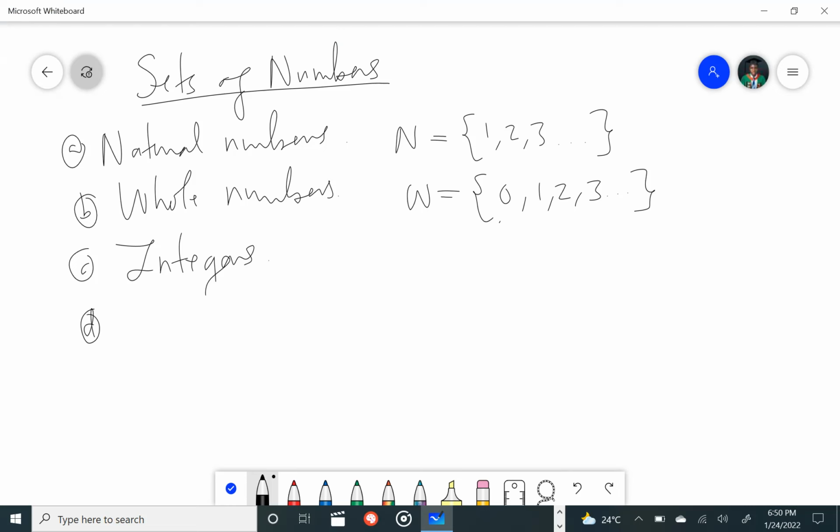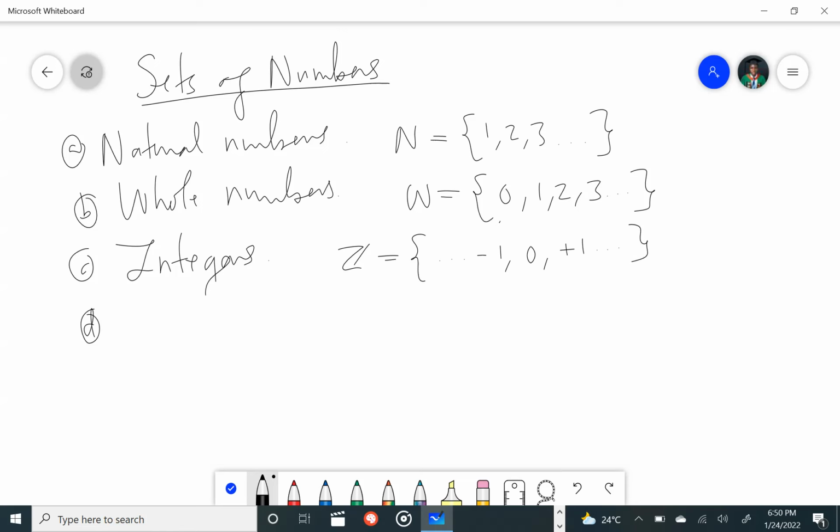Okay, so when we talk about integers, we are talking about numbers that contain zero, positive and negative numbers. The set of integers is represented by Z. Here you have negatives, then you have zero, then you have positives.